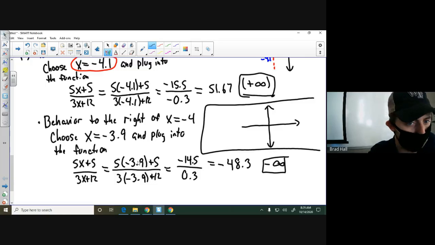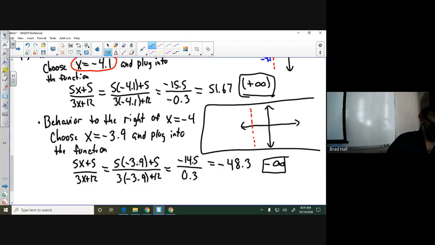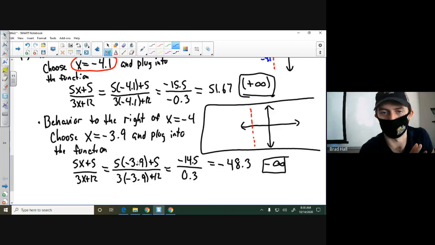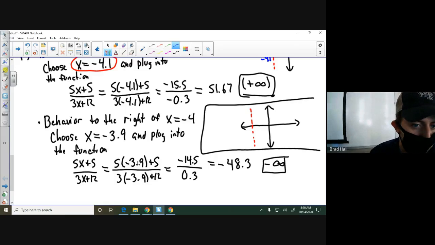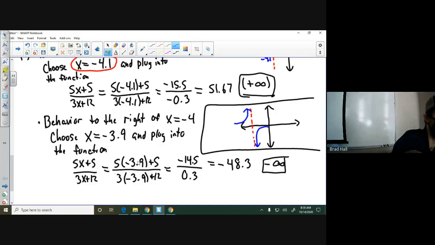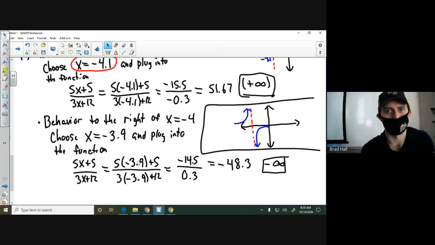So this is what we have found. For the asymptote of -4, when we chose -4.1 on the left, the graph is going towards positive infinity, while on the right, the graph will be going towards negative infinity. So it gives us an idea of the behavior of the graph near the asymptote.